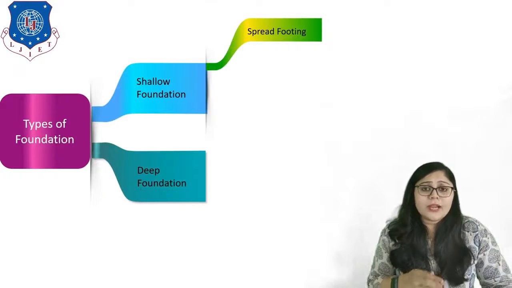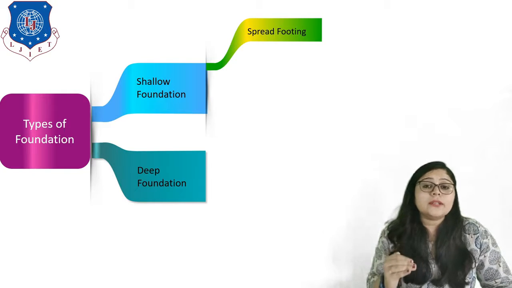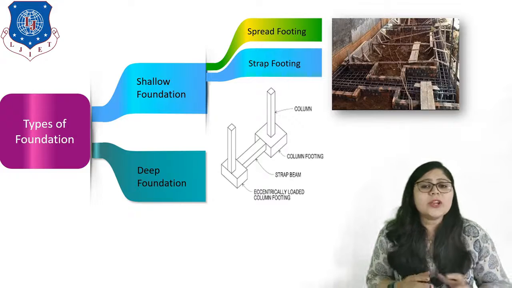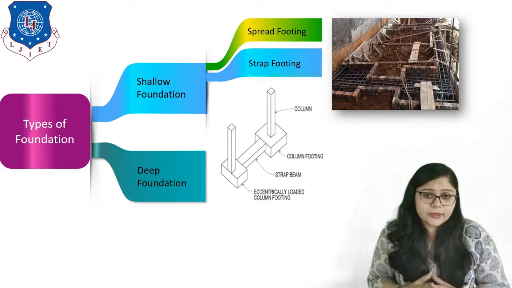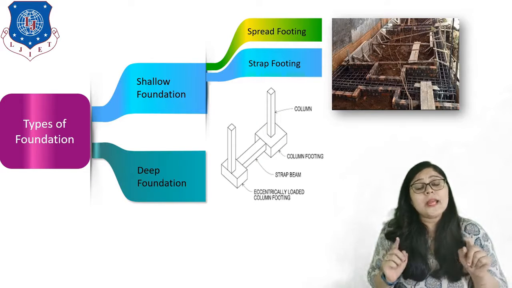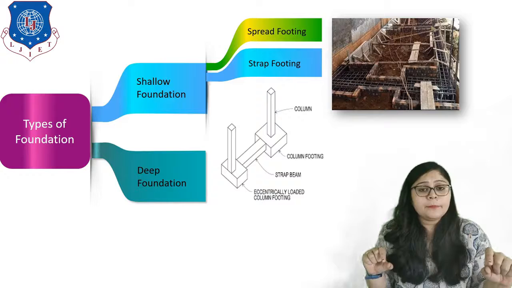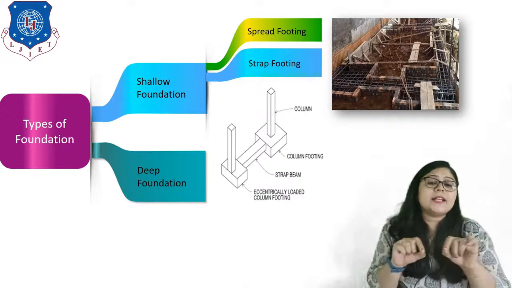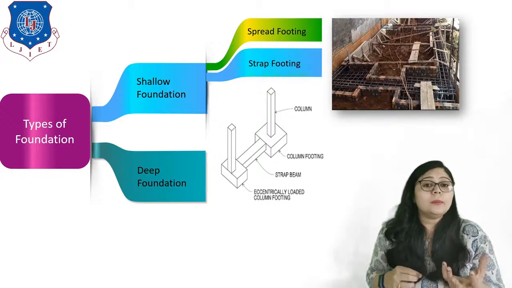Now let's go back to get a better idea of what we are going to discuss in shallow foundation next. That is strap footing. Now what is strap footing? Here on screen you can see that two columns are there, right? But when I am trying to transfer the load, if I connect the bases of those two columns with a simple beam, it makes things very easy in transferring the load, or we can say it provides more safety to our foundation.